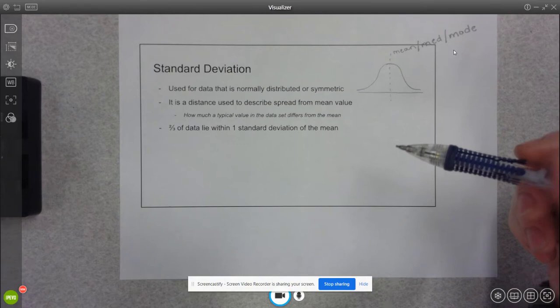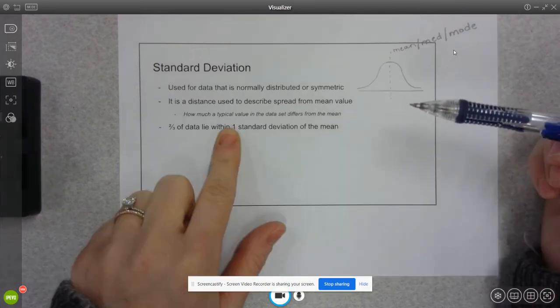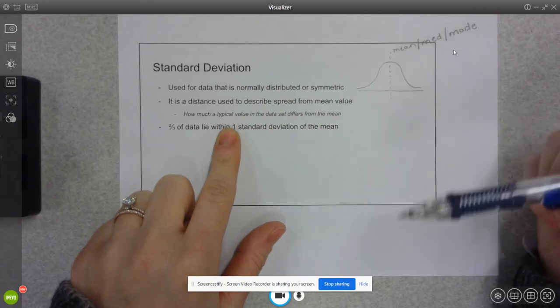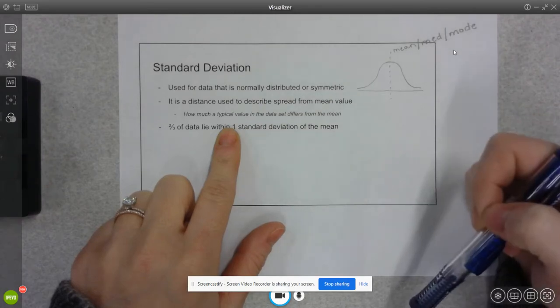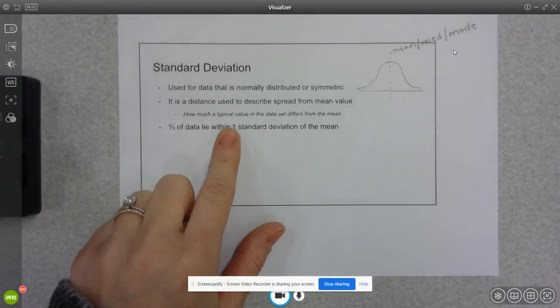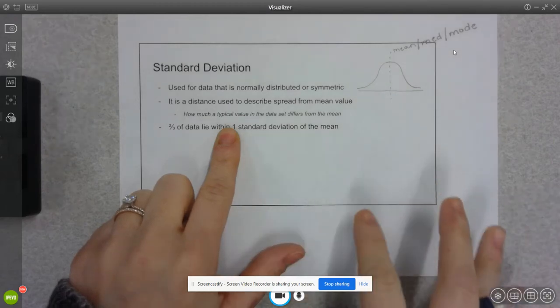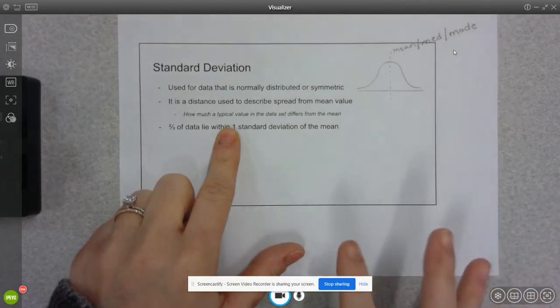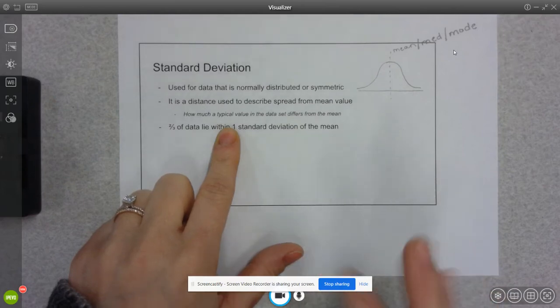So now when we're talking about standard deviation and what that actually means, standard deviation is a way that we can explain how a value differs or relates to the mean. We're going to calculate it in just a second so it will make more sense.